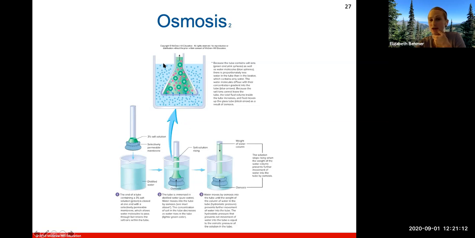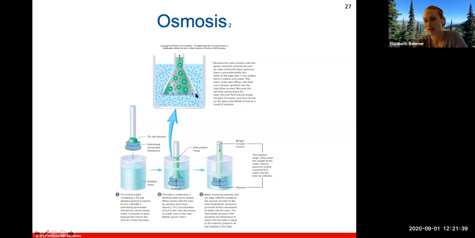So if we zoom in on what's happening here, which way is water going to travel? Water wants to equalize the concentrations on both sides of this membrane. So water will always travel into an area of higher solute concentration. So water is going to travel inside this salt solution.